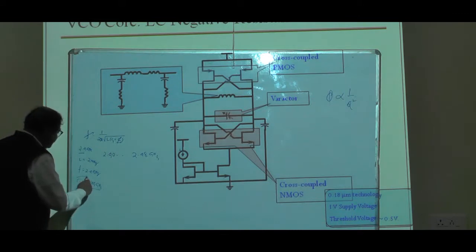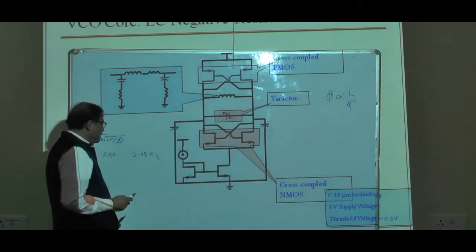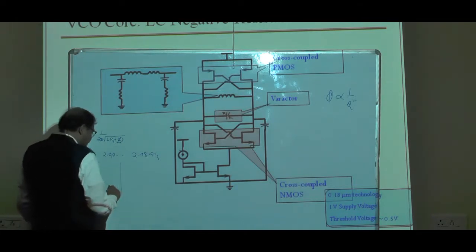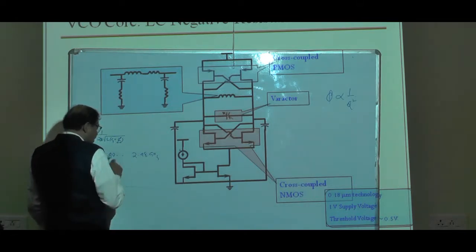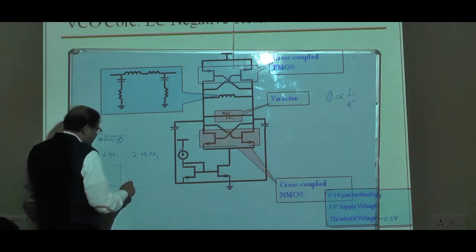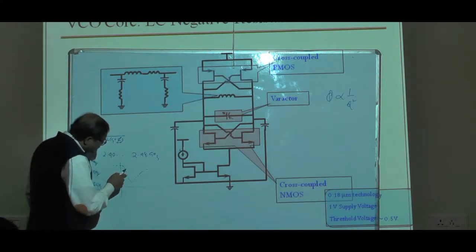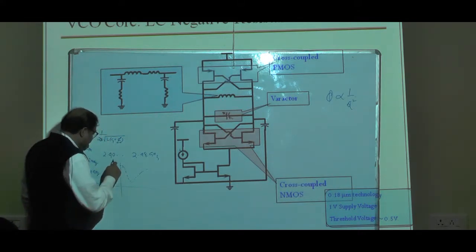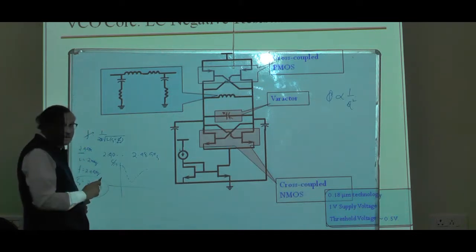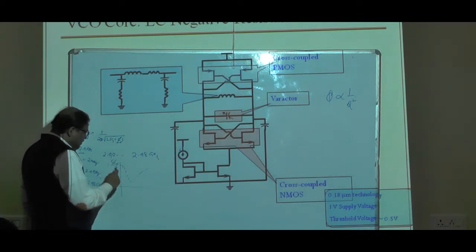Now this is the first thing. If you look at the varactor part in the tutorial it will be more clear to you that you have an accumulation region and then you have the inversion and the deep inversion. So you have the variation, this is C by C0, where C0 is the oxide capacitance, Cox. So it is 1.